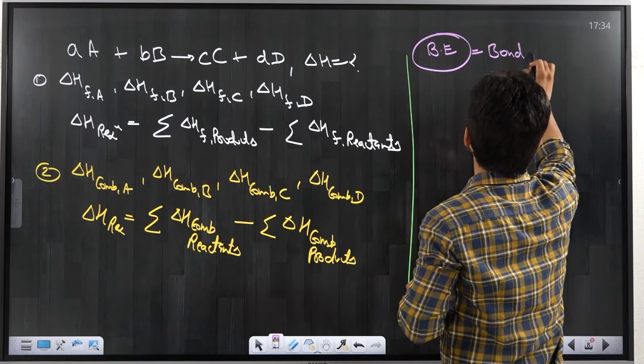Depending on the data, you have to use these three shortcuts. If they give formation of every component, use this. If they give combustion of every component, use this. And if they give bond enthalpy of every component, use this third formula, right? It will help to reduce the time to solve the questions. Clear? Let us see some questions on this basis.